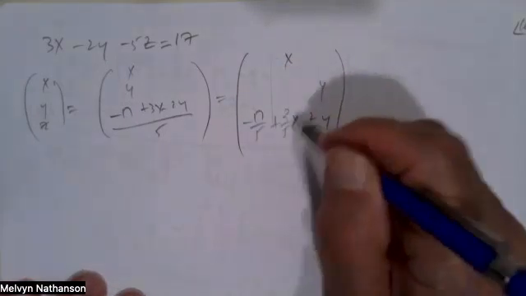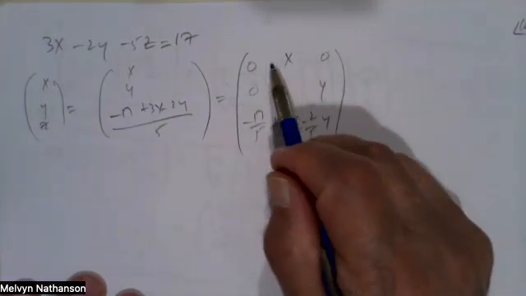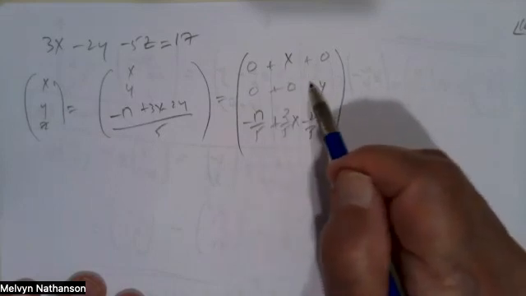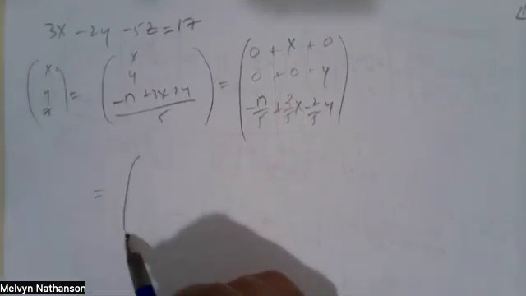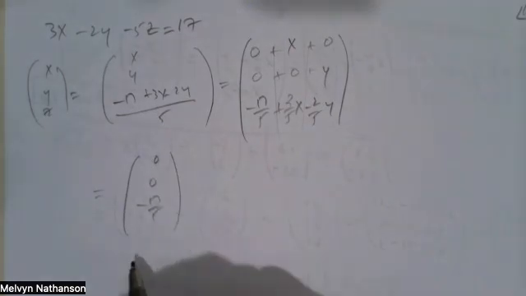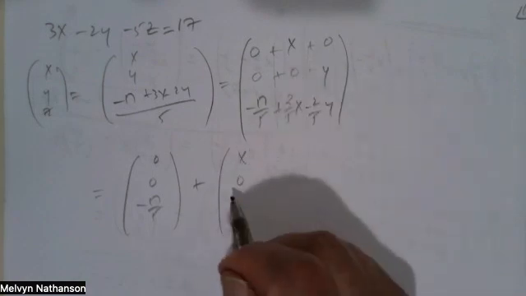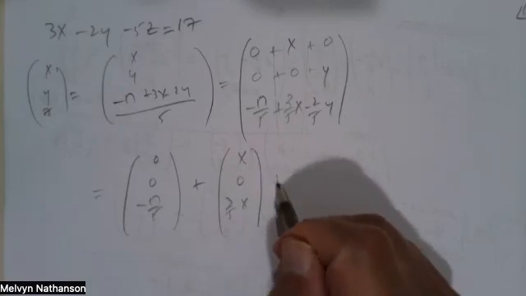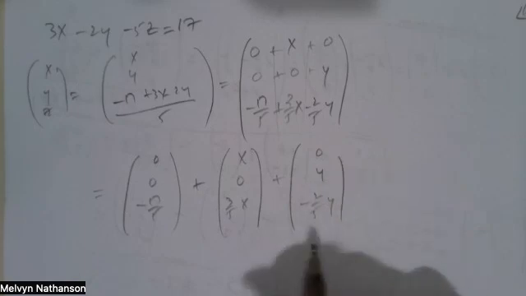I sort of think of this as lining these things up in columns. It's like you have zeros here and zeros here. And if I do it like that, then I can write this as the sum of three vectors: 0, 0, minus 17 over 5, plus this vector x, 0, 3/5 x, plus the vector 0, y, minus 2/5 y.